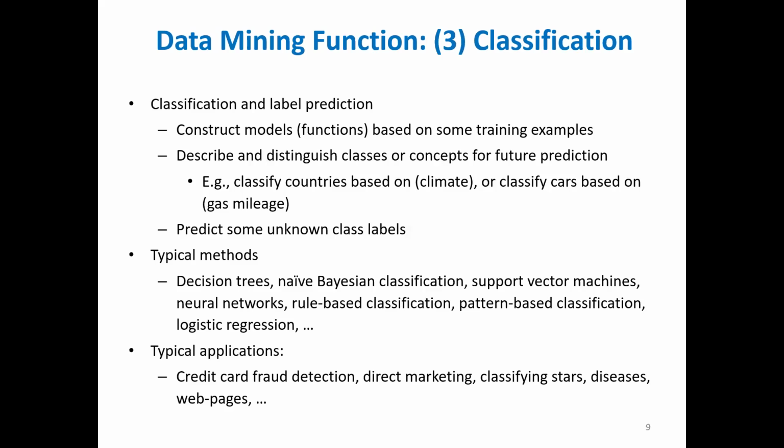Classification is also known as a supervised learning algorithm, which we have heard of in machine learning also. What do we mean by supervised? The class labels that we want to predict are already known to us.